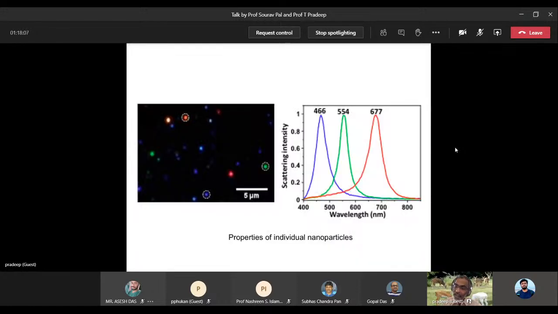But of late, people have also explored these materials in great detail with optical microscopy. For example, this is one of our students' work. These are individual silver particles of varying sizes seen by dark field microscopy.